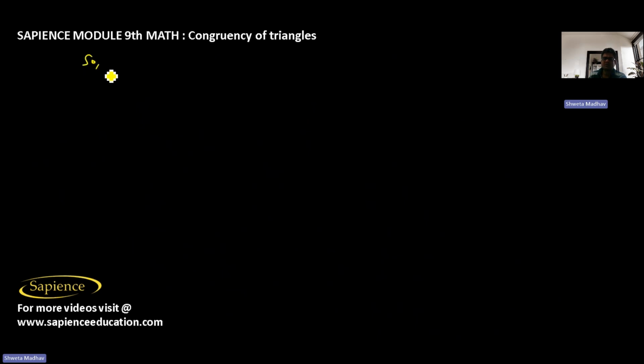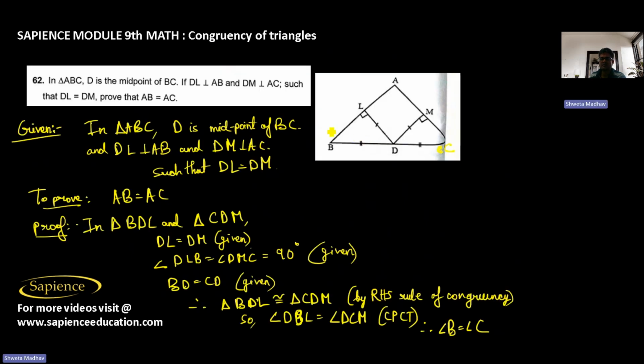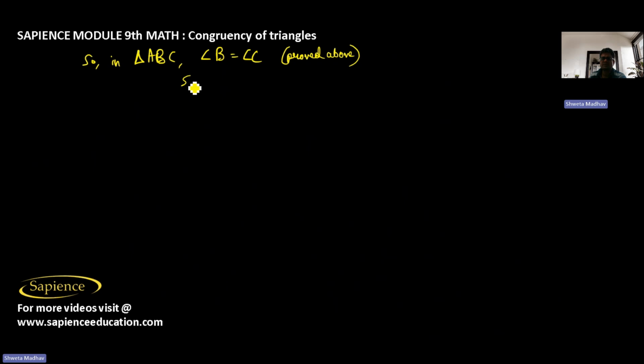So now in triangle ABC, angle B is equal to angle C, proved above. And so I can say that AC equals AB, since the sides opposite to the equal angles of a triangle are also equal.